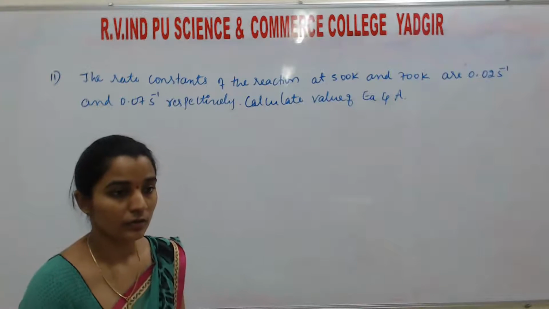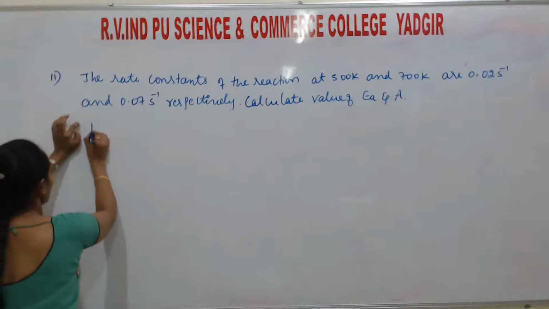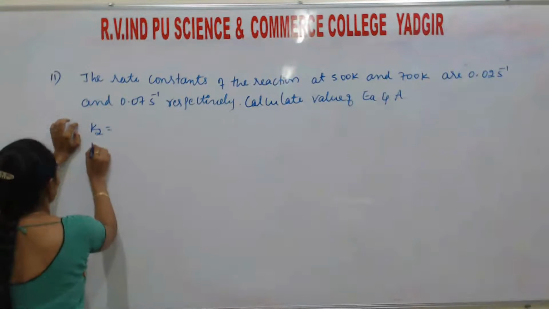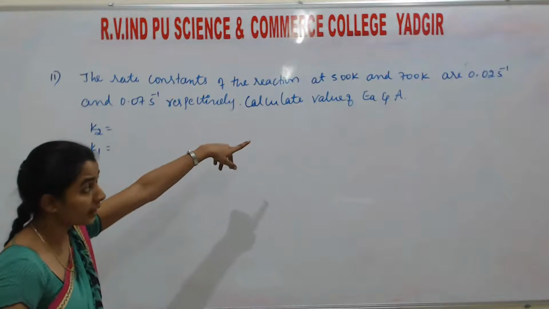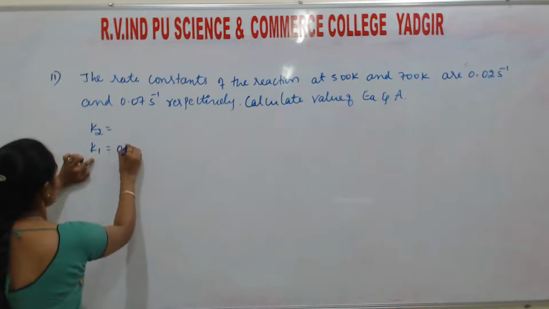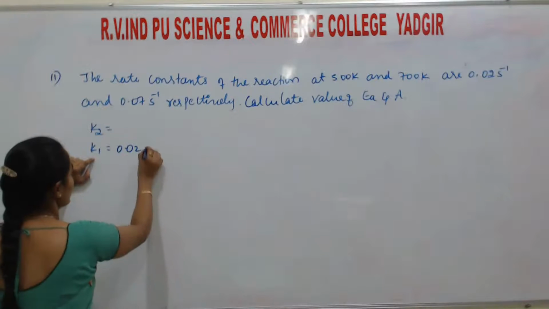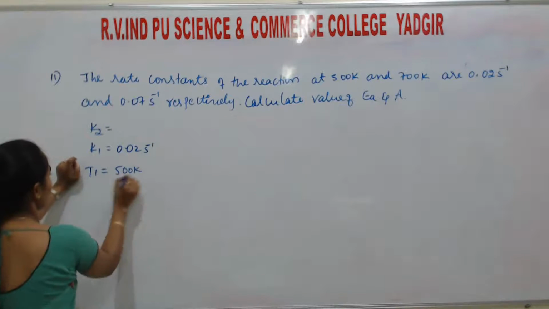Okay, so first to calculate A, here they mention K2 value and K1. The rate constant of the reaction at 500, that is the initial rate, K1, is 0.02 second inverse. T1 is how much? 500 Kelvin.